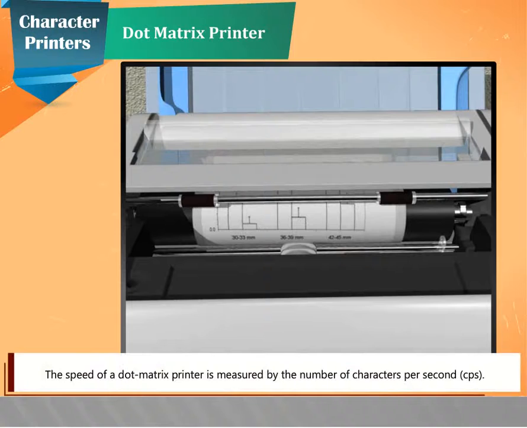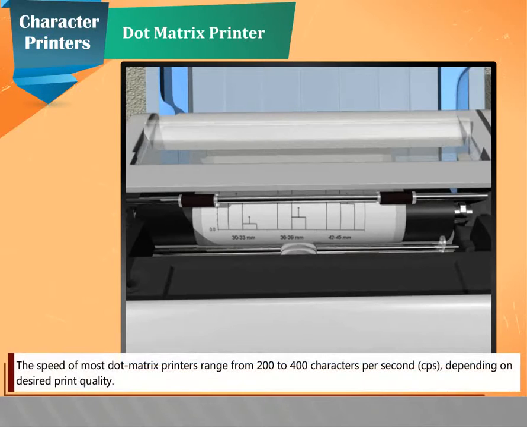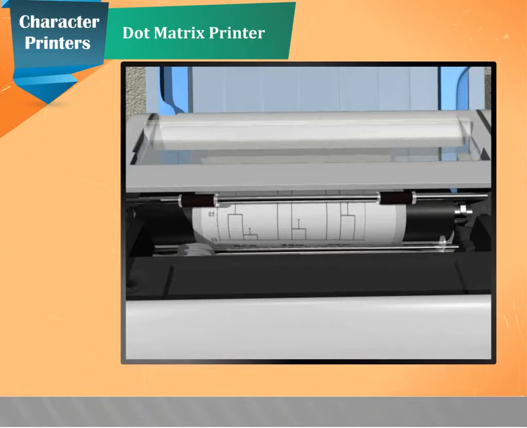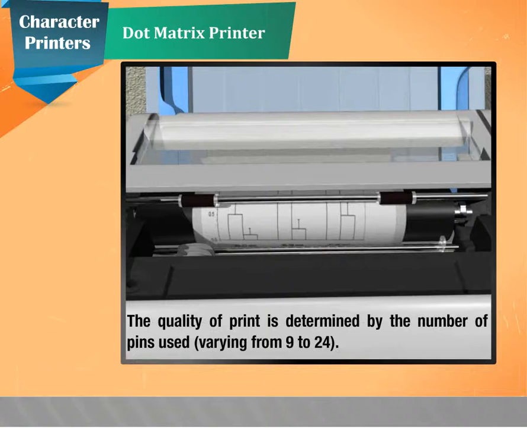The speed of a dot matrix printer is measured by the number of characters per second. The speed of most dot matrix printers ranges from 200 to 400 characters per second, depending on desired print quality. The quality of print is determined by the number of pins used, varying from 9 to 24.